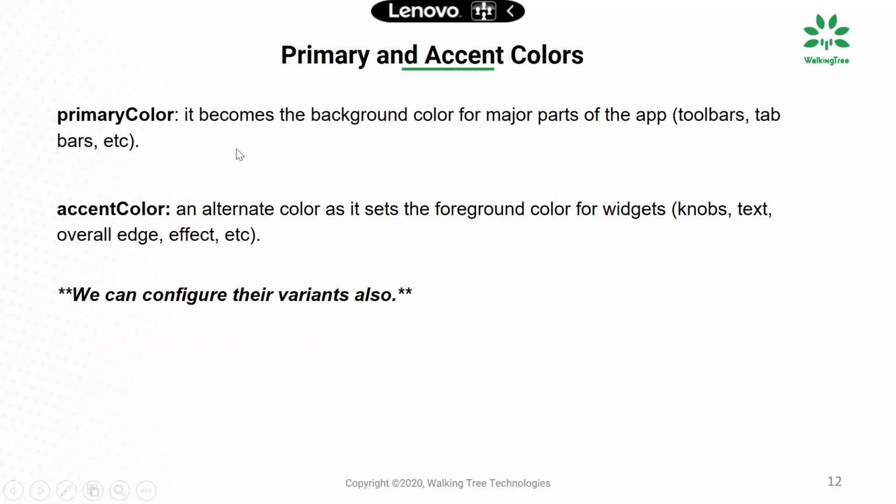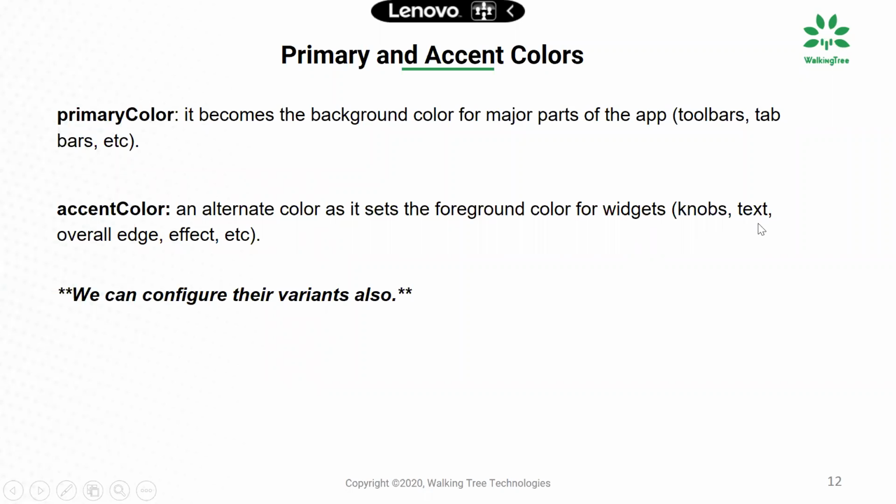So what is primary color? It is actually the main base color for your application. It will become the background color for major parts of the application like toolbars, navigation bars, etc. And then apart from primary color, we have the accent color also, which is the secondary color. So this is an alternate color, which is used to set the foreground color for widgets.